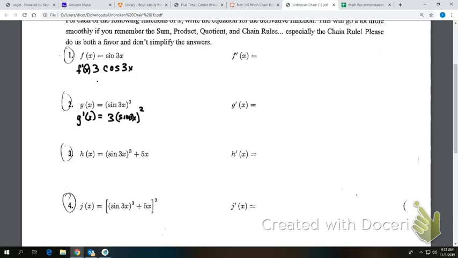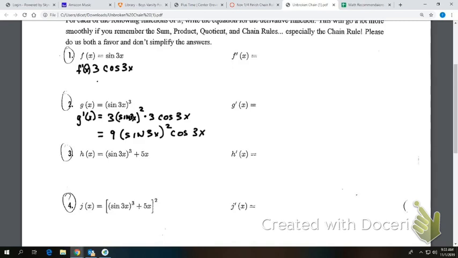So times 3 cosine 3x. What would I do to simplify that a little bit? I would take the 3 times the 3 and put 9. Sine of 3x squared cosine of 3x. Would everybody agree with that?